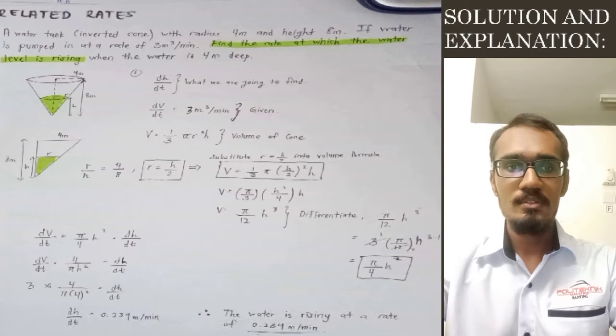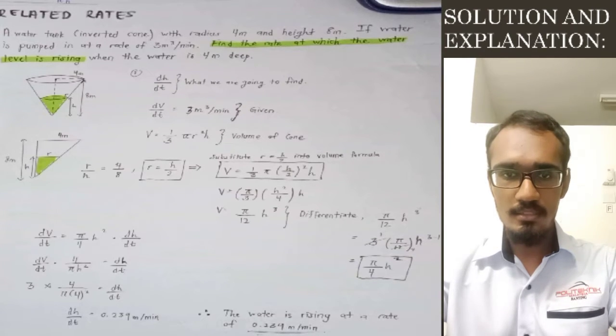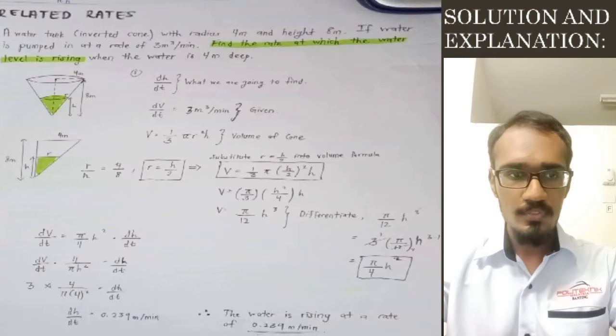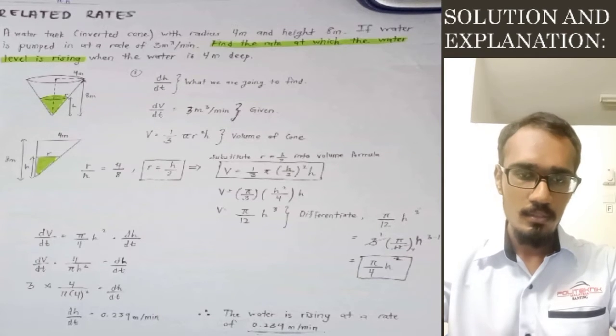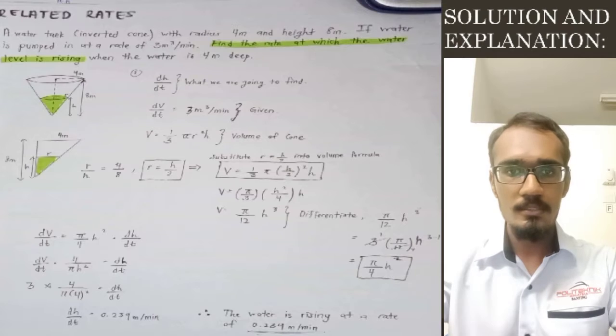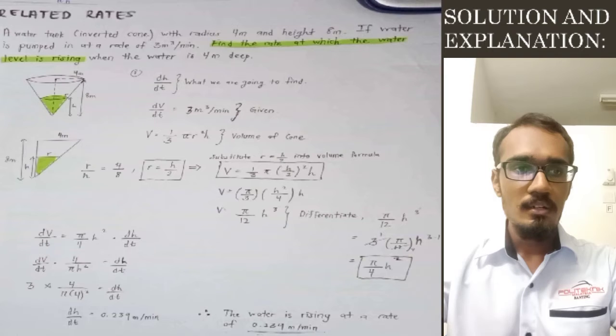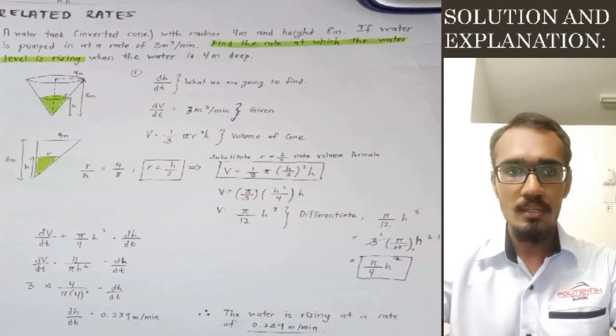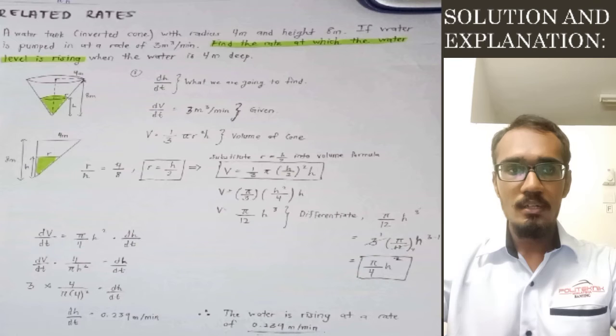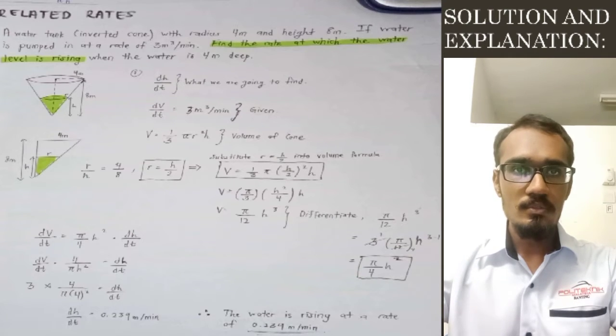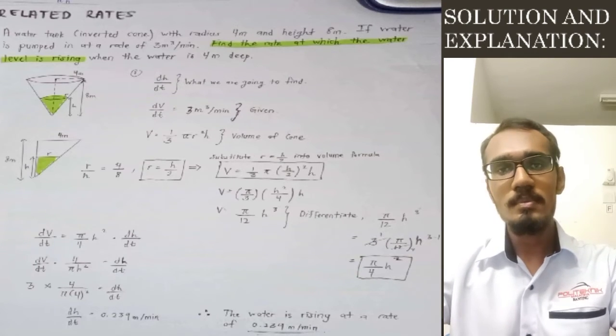Now we make dH over dt the subject, so the pi over 4 h squared will be inverted because it is supposed to be divided, and now we multiply, so it becomes dV over dt multiplied by 4 over pi h squared equals dH over dt.